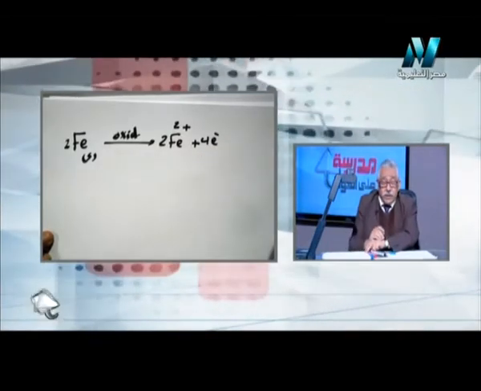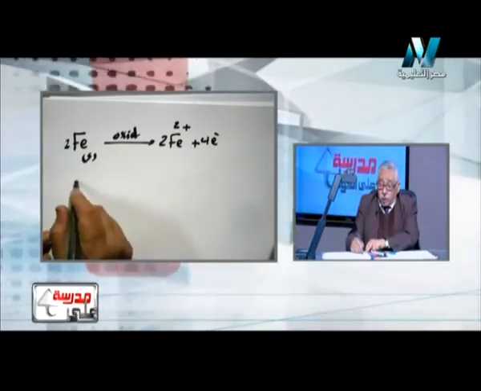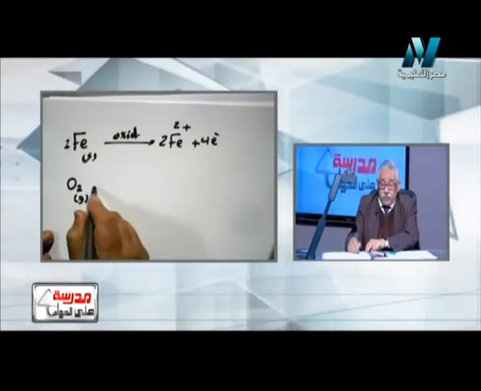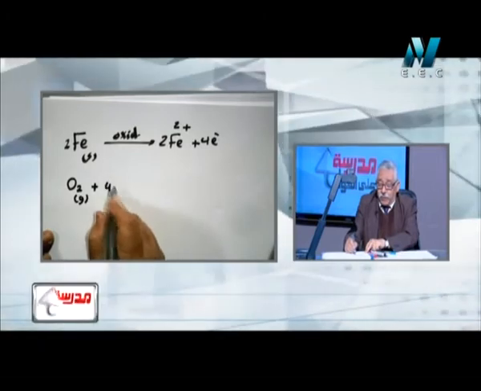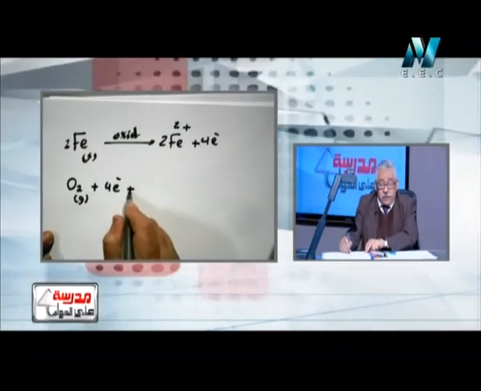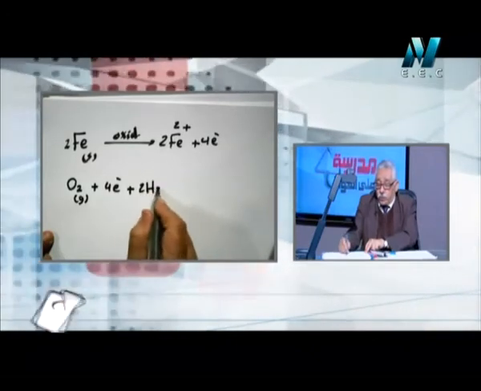This is oxidation. The reduction occurs for oxygen: O2 gas from the air plus 4 electrons is converted to O negative, which combines with 2 molecules of water.